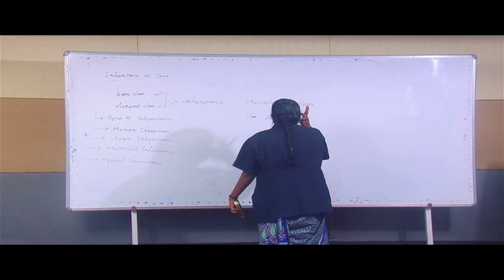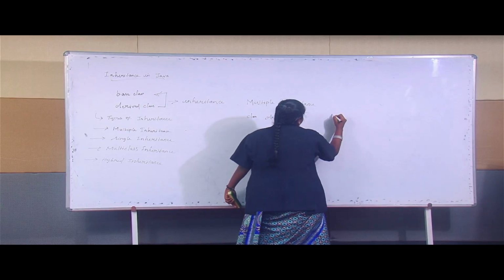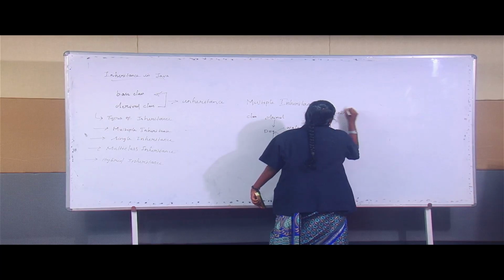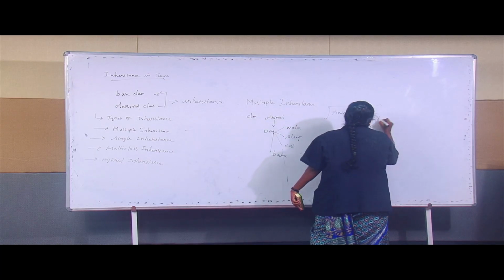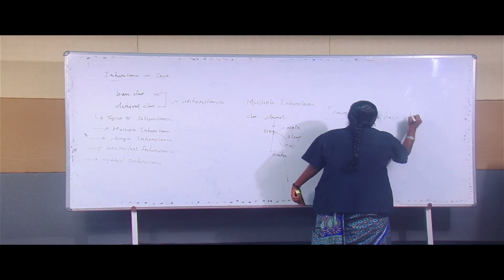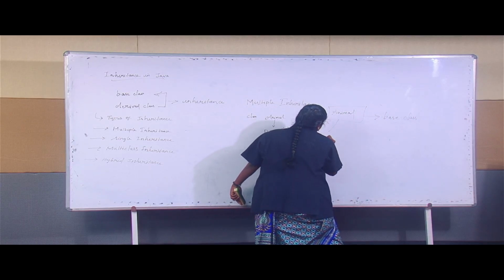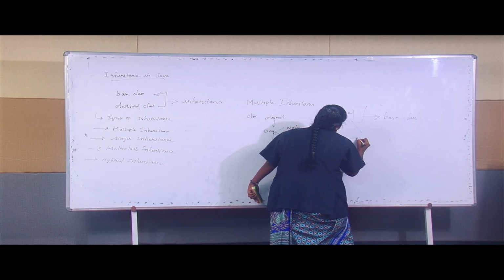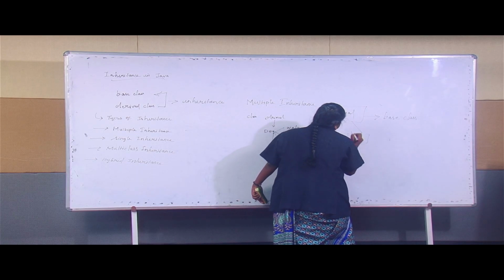In multiple inheritance, Animal is the base class, Dog is one of the derived classes, and Cat is another derived class.